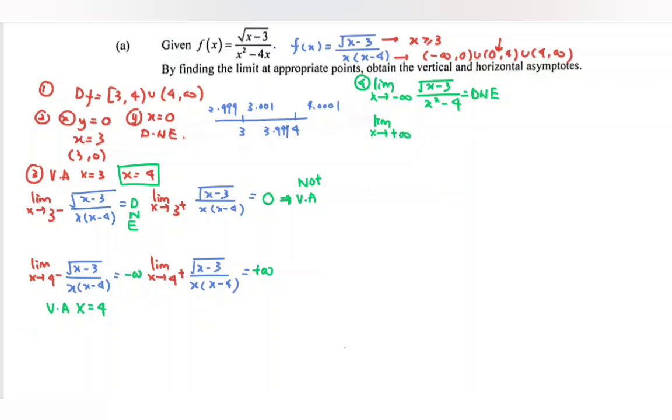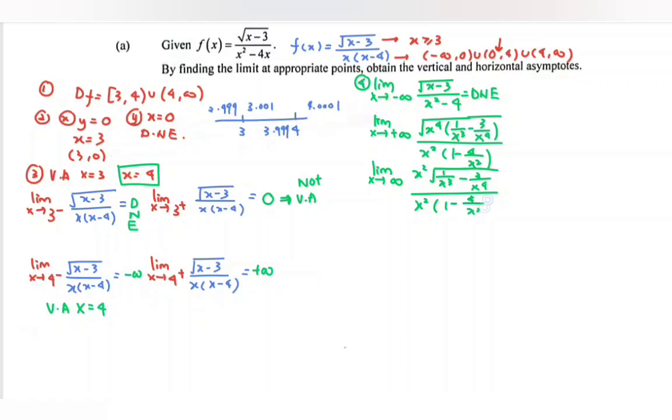Here we have to factor out x squared. Based on the situation, we have the square root of x to the power 4 in order to obtain x squared, so here will be 1 over x to the power 3 minus 3 over x to the power 4, over x squared times 1 minus 4 over x squared. Rewriting, the limit when x approaches positive infinity of x squared, bracket, 1 over x cubed minus 3 over x to the power 4, over x squared, 1 minus 4 over x squared.